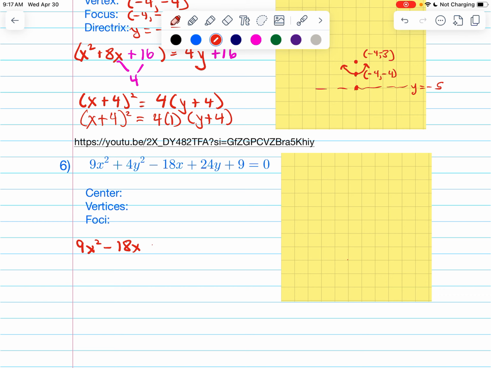Okay, so there that is, plus 4y squared minus 24y, equals negative 9. Okay, so now I'm going to factor out the 9. Factor out the 4.